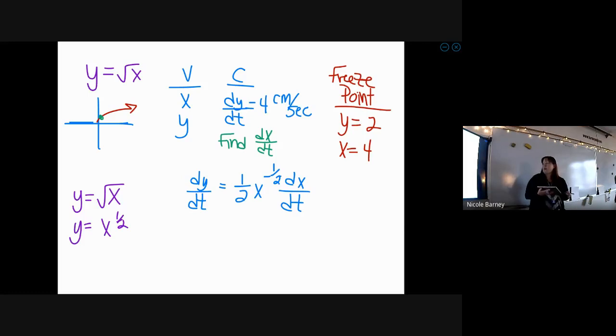Then I just plug in my freeze point, everything that I do know. I know that dy/dt is 4, I have 1/2, and I know that x is 4, so 4 to the negative 1/2, and I do not know dx/dt.